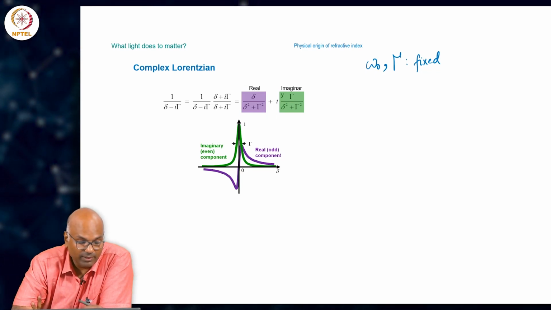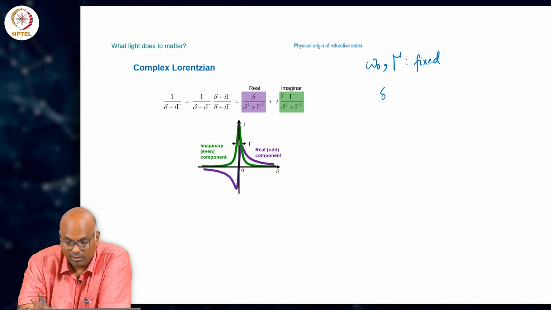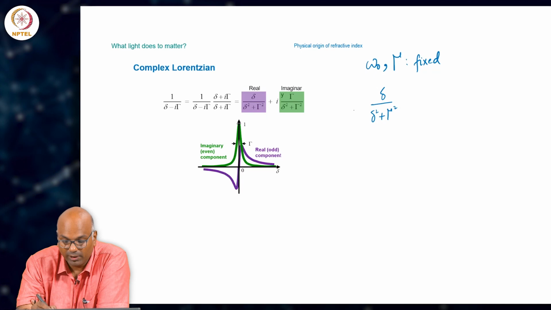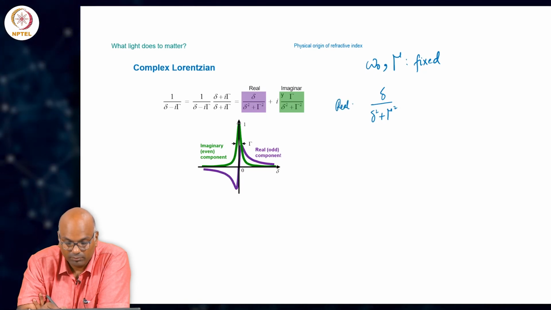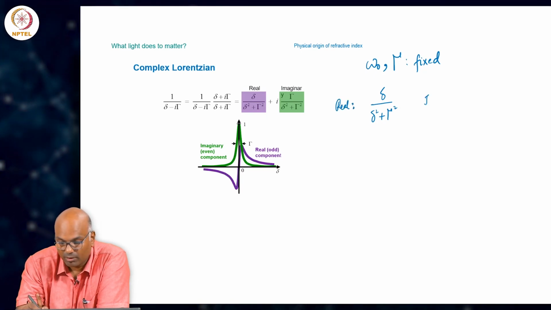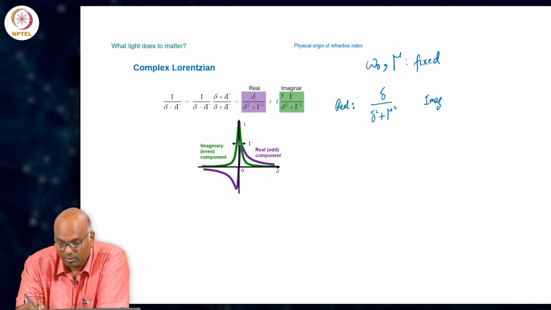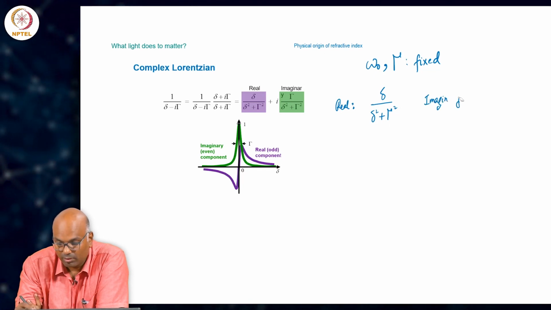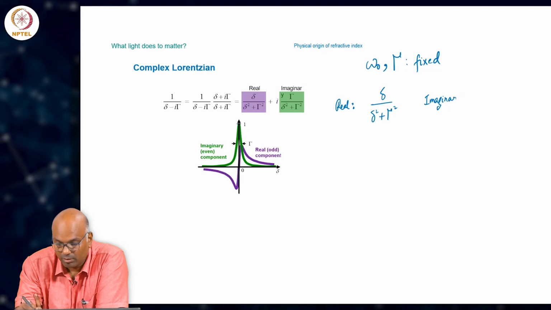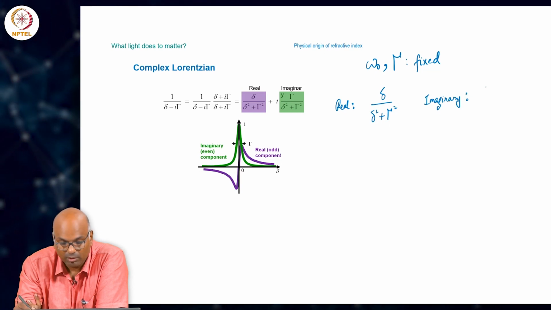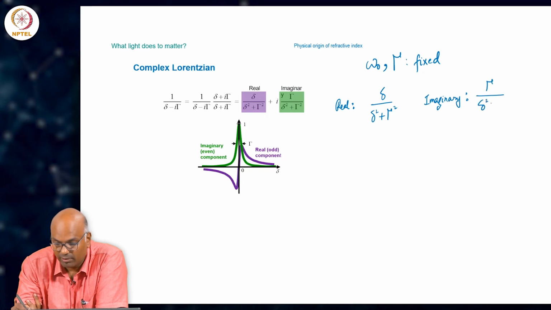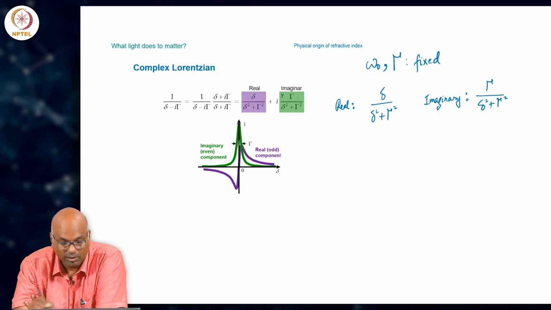Okay. Then the real part is delta by delta square plus gamma square. The imaginary part is gamma divided by delta square plus gamma square.